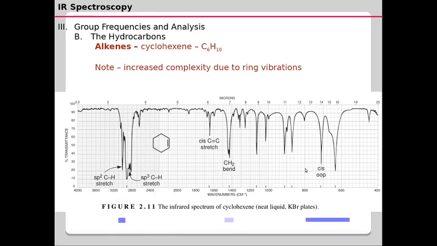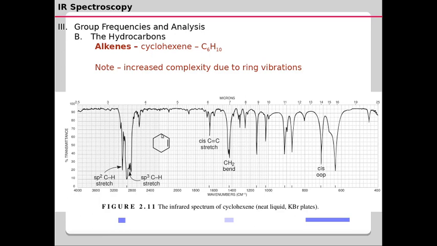So far we have seen only linear alkenic systems, but if we consider the case of cyclic alkenic systems such as cyclohexene, you can see that the spectrum is quite complicated compared to a simple linear alkenic hydrocarbon. Here you can see several bands.